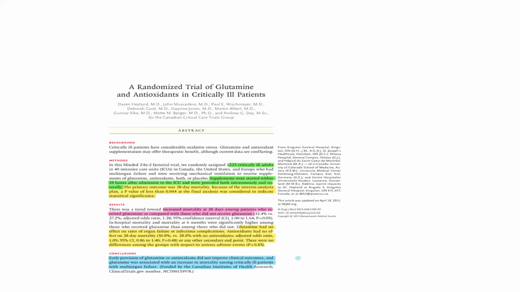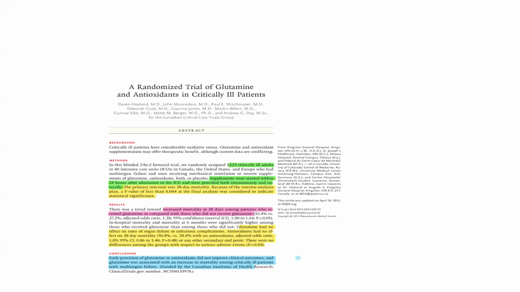Now, this is a trial published in NEJM in 2013. That is a randomized trial of glutamine and antioxidants in critically ill patients. So, the background of this trial is that critically ill patients have considerable oxidative stress. Now, glutamine and antioxidant supplementation may offer therapeutic benefit, though current data are conflicting.